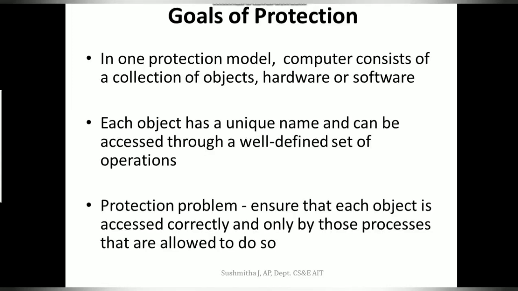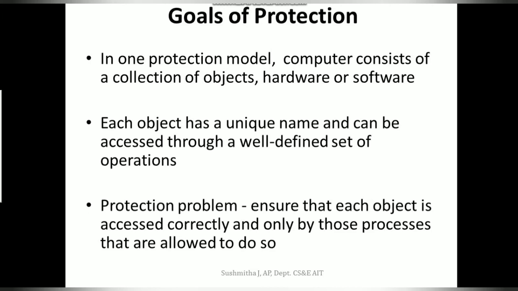Now, talking about protection, what are the goals, what are the principles, and how could protection be implemented. Talking about the goals of protection: the OS contains various objects, hardware or software, and each object has its own operations to perform.